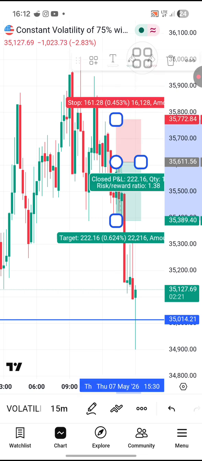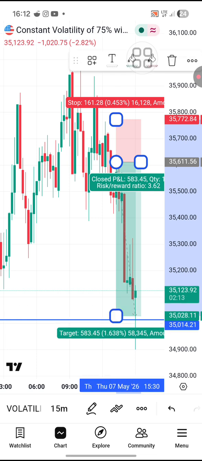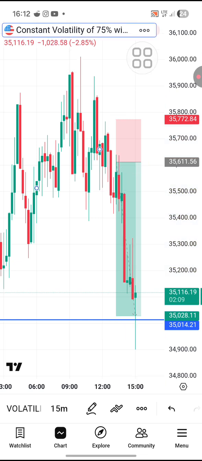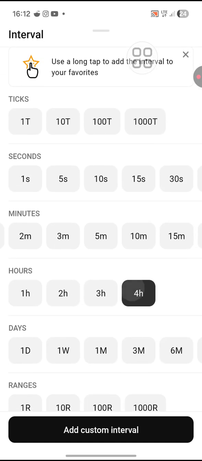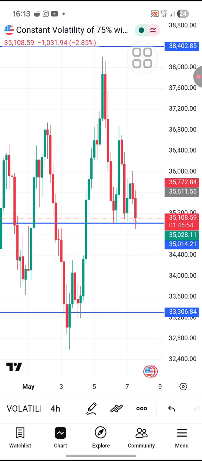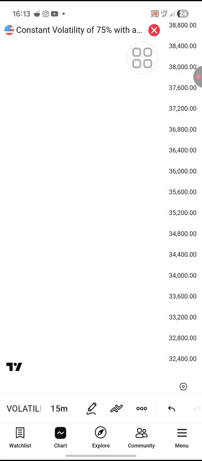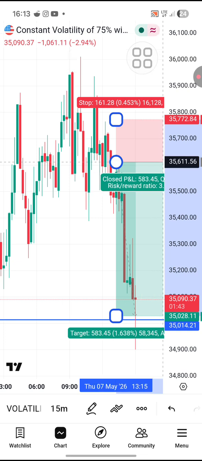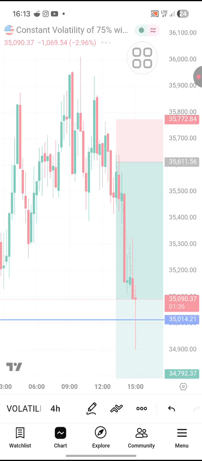I want to risk here to gain here. If you even want to test a kind of trade, we'll come to the 4-hour structure to find out how much we are risking.